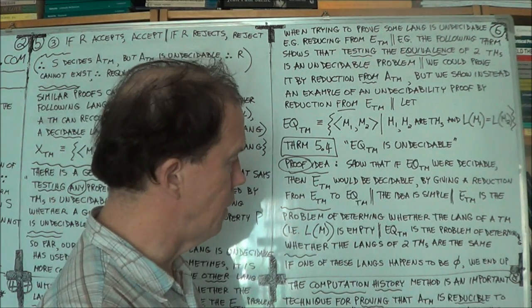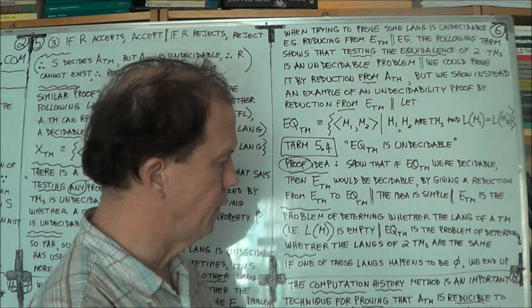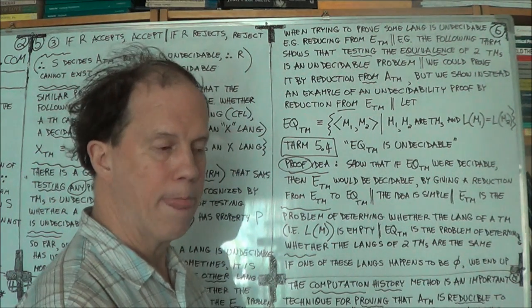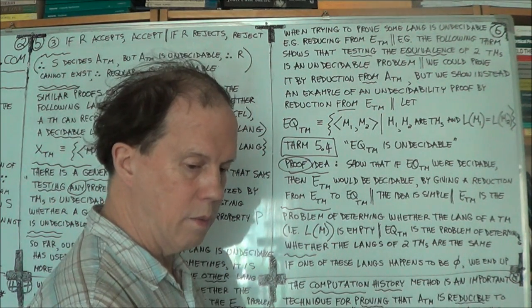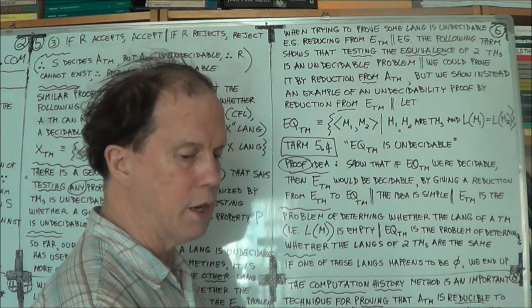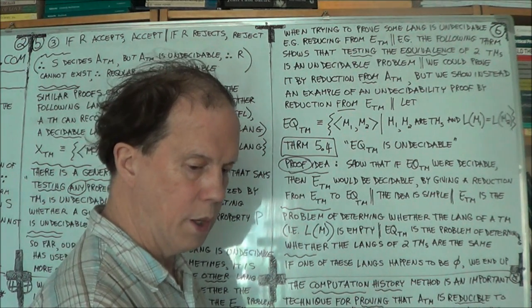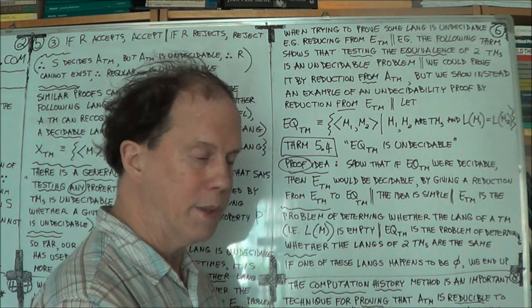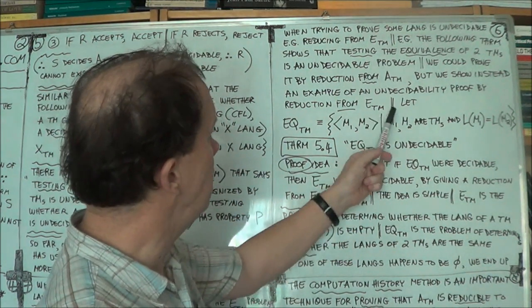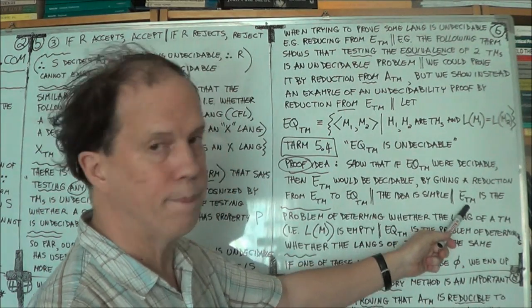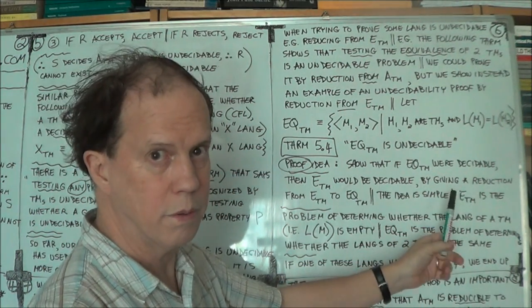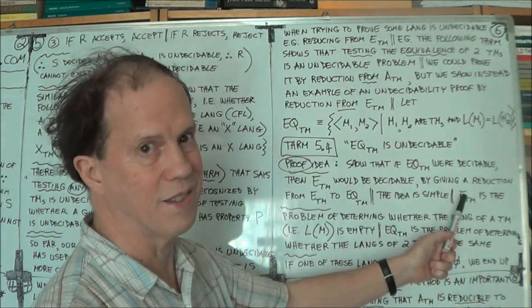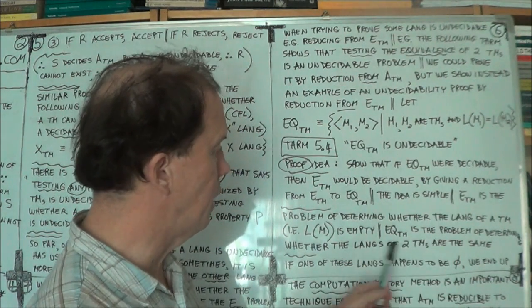So if one of the languages is empty, just the empty set, then your problem becomes a kind of special case. Well, then you have to show that the other language is also empty. But that's the problem ETM. Now what I've just said is critical. It's the guts of the proof. So I'll say it again.